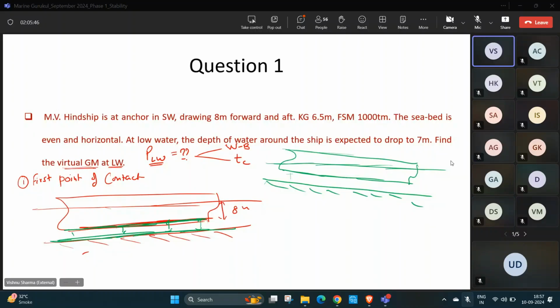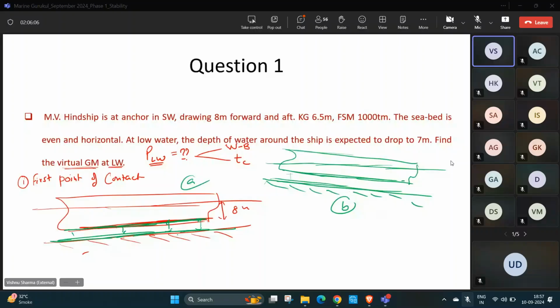So why will A and B sit at the same time? Because in both cases, the keel and the seabed were parallel to each other. Do you agree that this is a better way to express? Yes, sir. Your inference was right, but it can be better understood if you say they are both parallel.